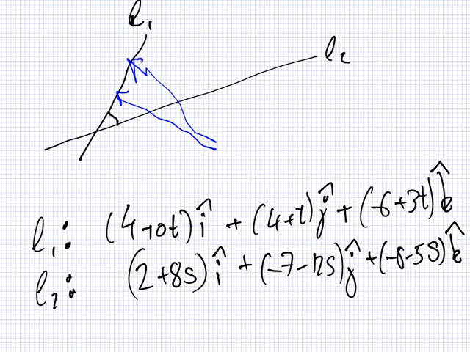It's not actually on L1, so it's not the direction vector. We need to find it. You need to find 2 points on the line, and make the vector.